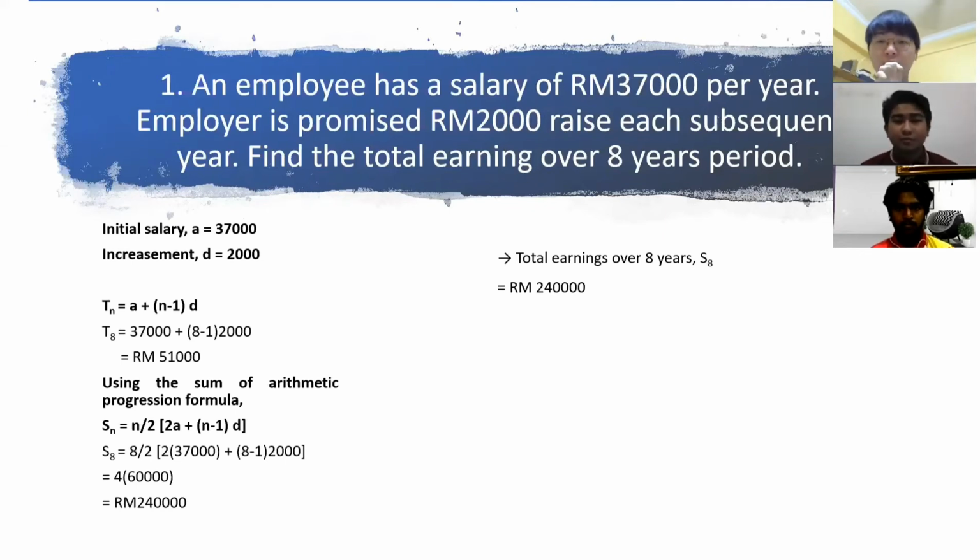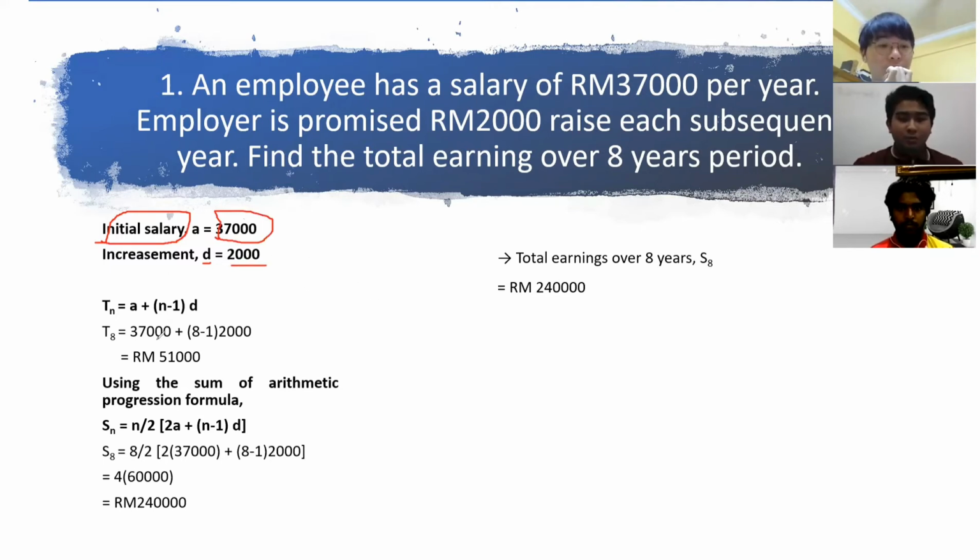So we must find out a first. a is 37,000 ringgit, because it is the initial salary. Next, we must find out d, the common difference, because the employee is promised a 2,000 ringgit raise each subsequent year, which means d is equal to 2,000.